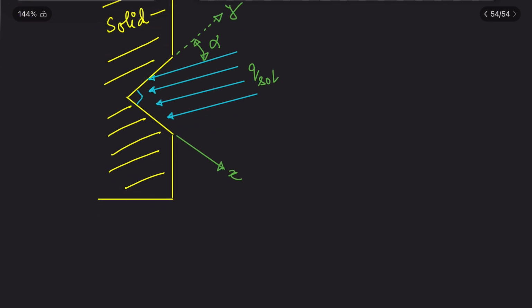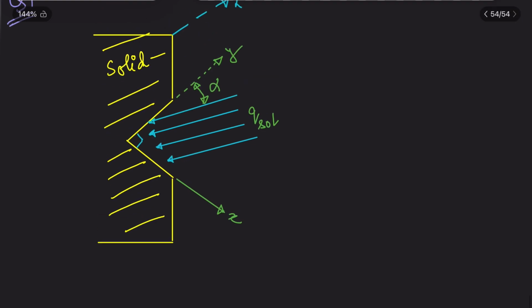Or even if you do not take it as a 2D problem, it is fine, because in the z direction anything will not matter. If you take any plane parallel to the xy plane along z, the same thing will happen. Now this side has a length of a, and also this length is a. Clear?